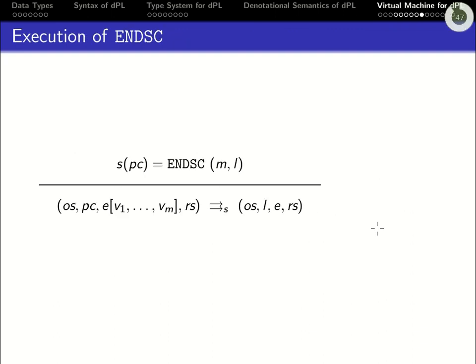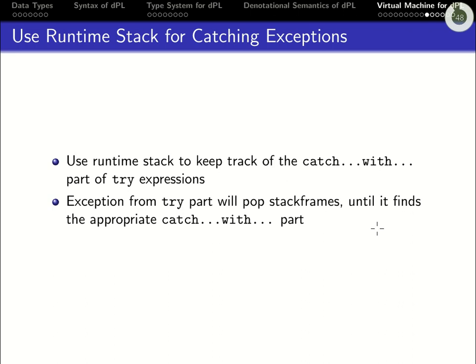Okay? So shall we do the try catch? Shall we do exceptions? All right, so the catch is not very different from a match, right? So the try part evaluates an expression, right? And that expression may result in an exception or not, right?